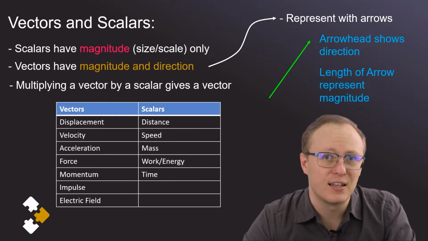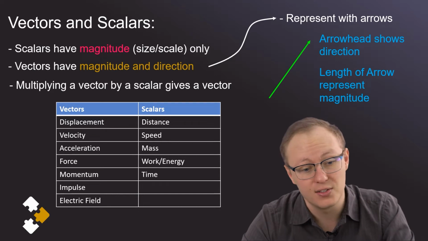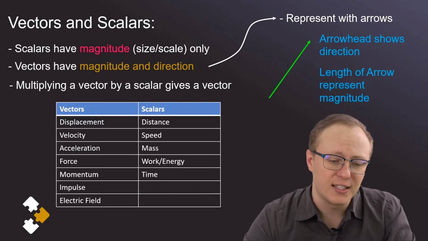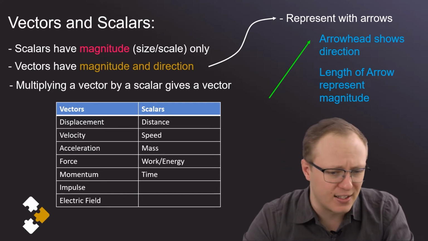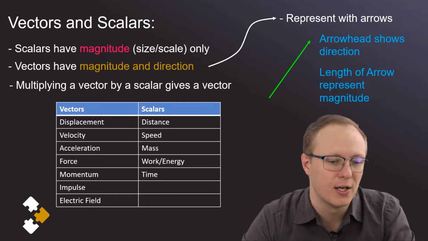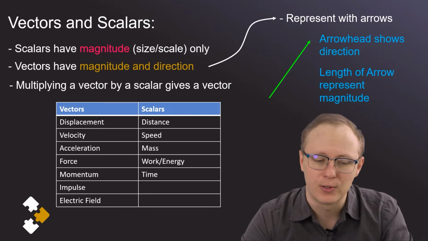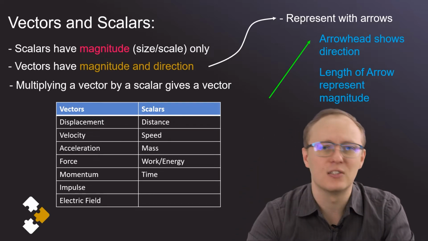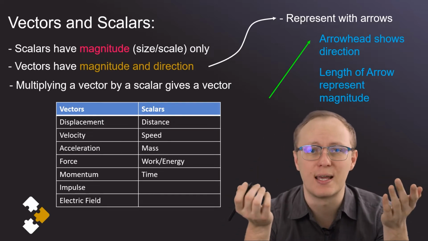So let's see here a few examples of vectors and a few examples of scalars. So vectors: displacement, velocity, acceleration, force, which we're going to deal a lot with today, that's a vector, momentum, impulse, electric field. And what's fantastic about these vectors is the math is all the same for them.